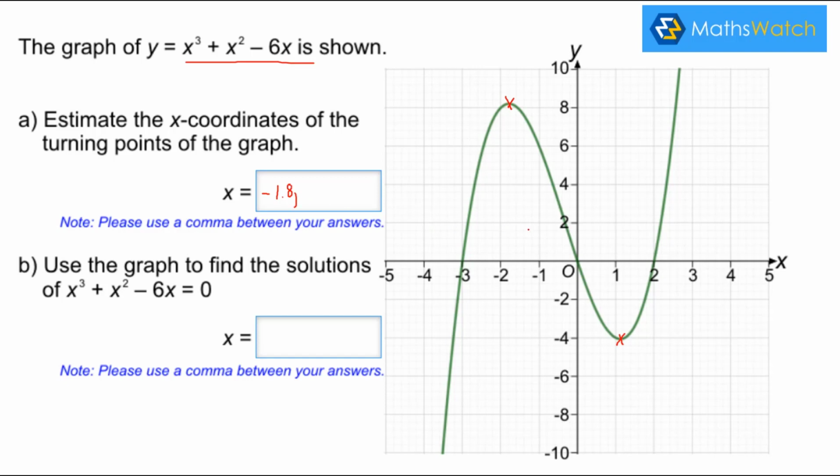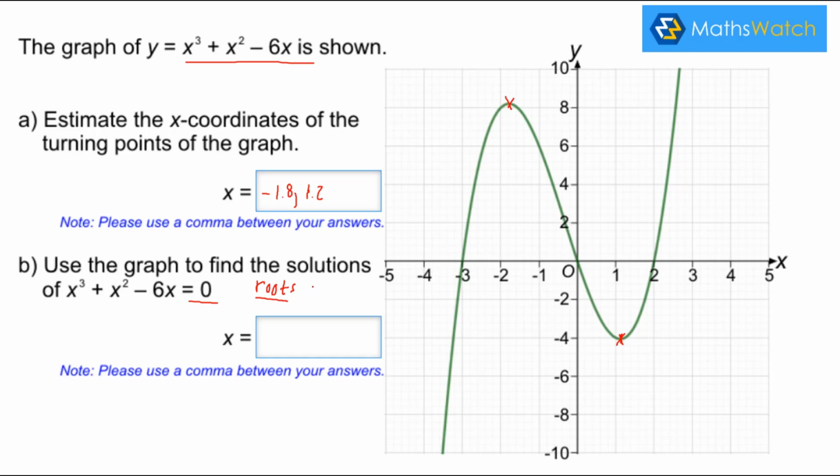So I think that's minus 1.8. And it says a comma between your answers. And x equals, now that is either 1.2 or 1.1. It's sort of halfway. But I think that is 1.2. X equals 1.2 there.